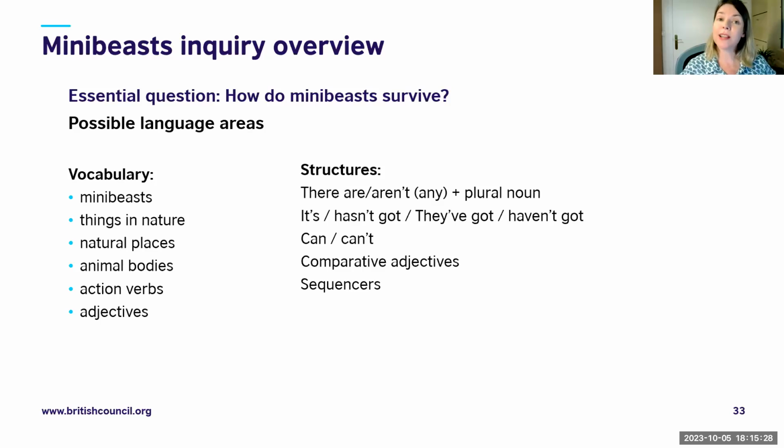There's also functional language that they'll need. So they'll need to make suggestions, express preferences, make decisions, take turns, all of these things, because they're working in groups. And also there'll be some more incidental language that the students will come across during the inquiry, which we can deal with when it comes up.